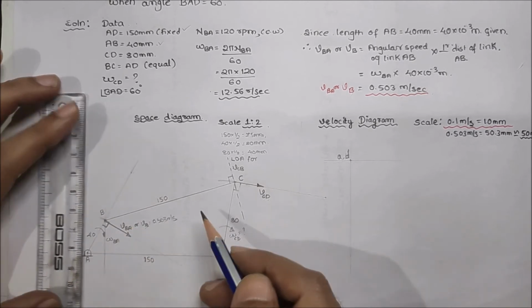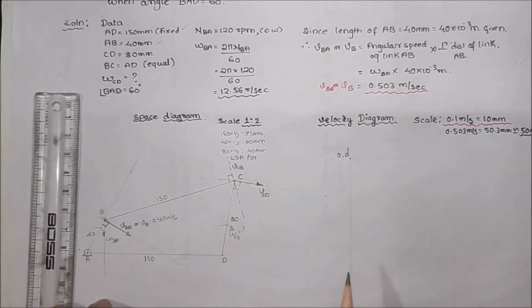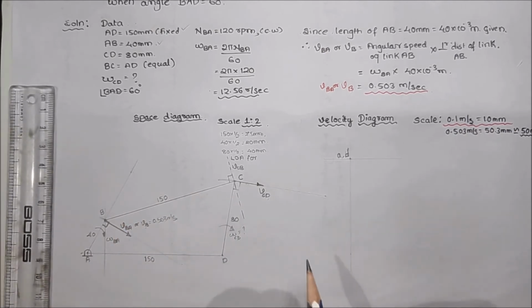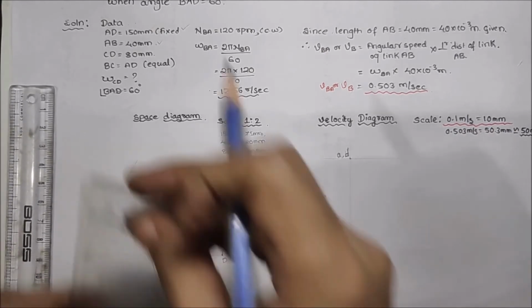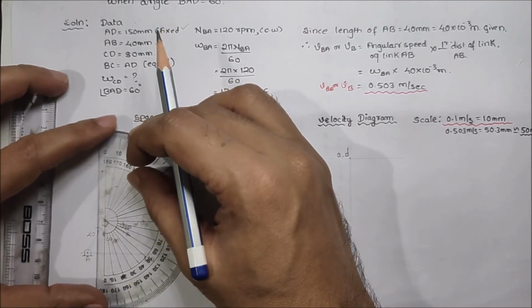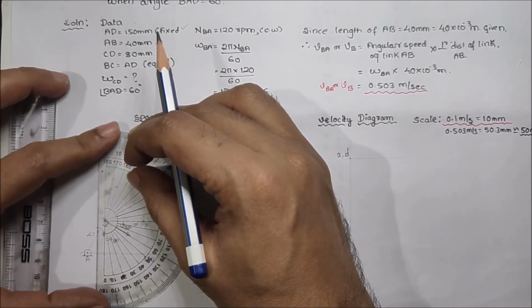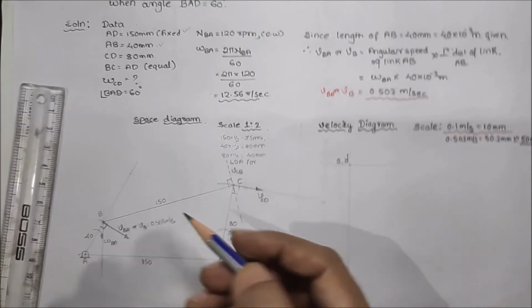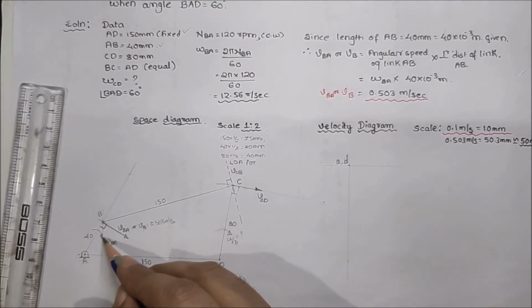Then we'll measure this angle. So how to measure that angle? We'll keep a compass here. I'm getting this angle equal to 60 degrees.